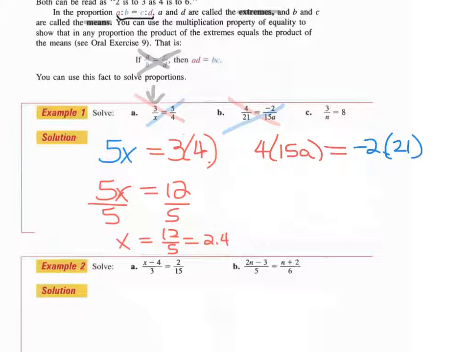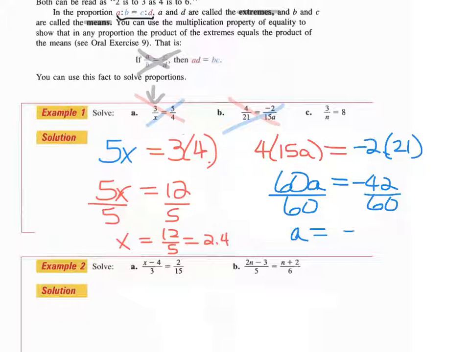And then I can multiply here and get 60a is equal to negative 42. You always divide by the number that's with the variable. And now I have to simplify this fraction. I can divide them both by 6, and this gives me negative 7/10.